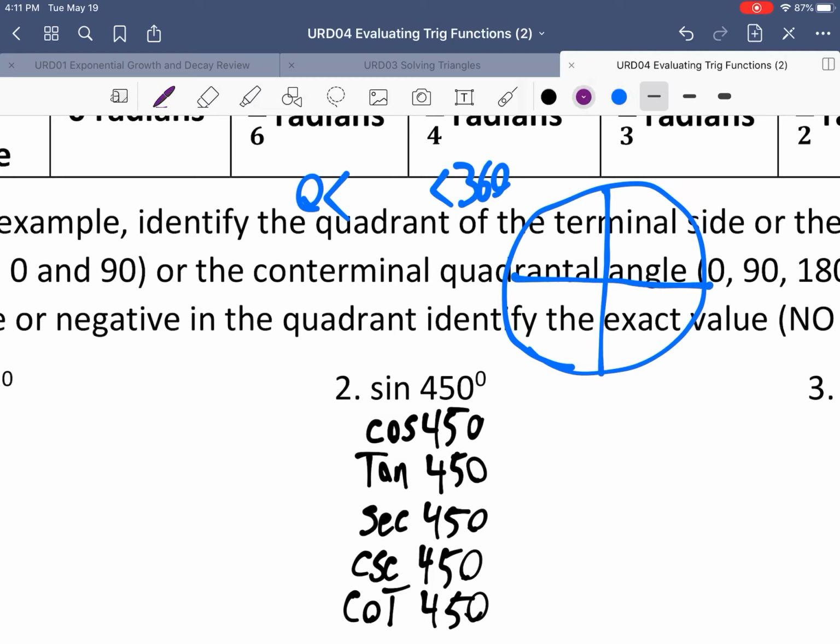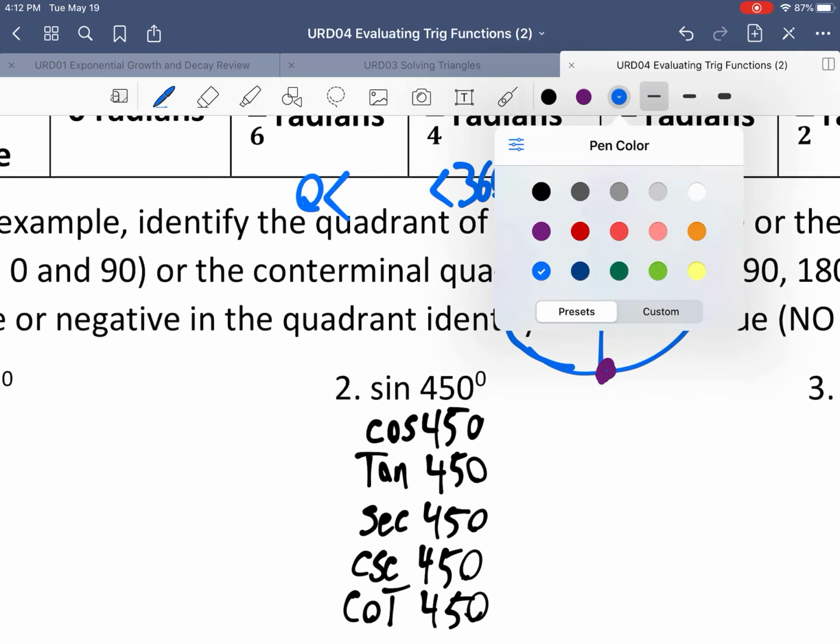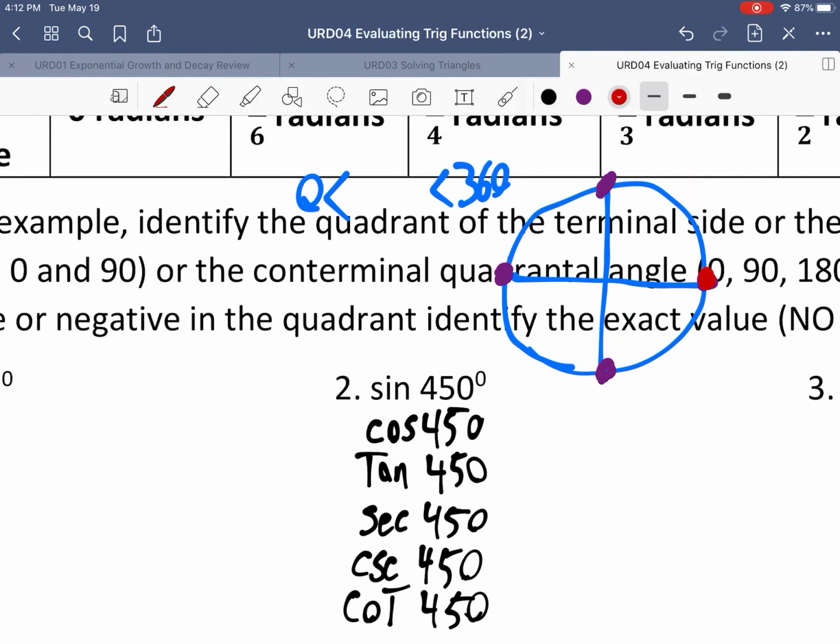So going around the circle, we have 0, 90, 180, 270, 360, 450. So it's the same thing as saying 90.